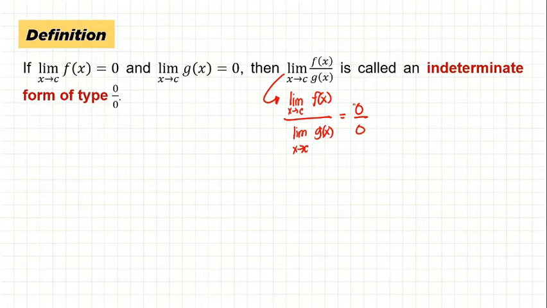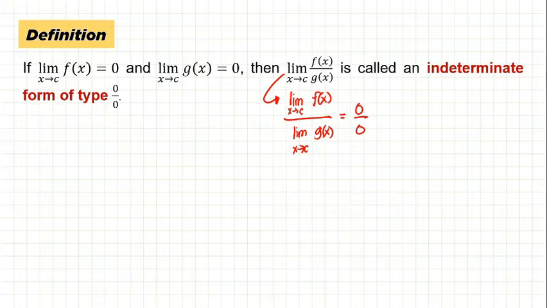So we now have an indeterminate form of type 0 over 0. It is specific to this type 0 over 0 because there are many types of indeterminate form, but here we will focus on 0 over 0.